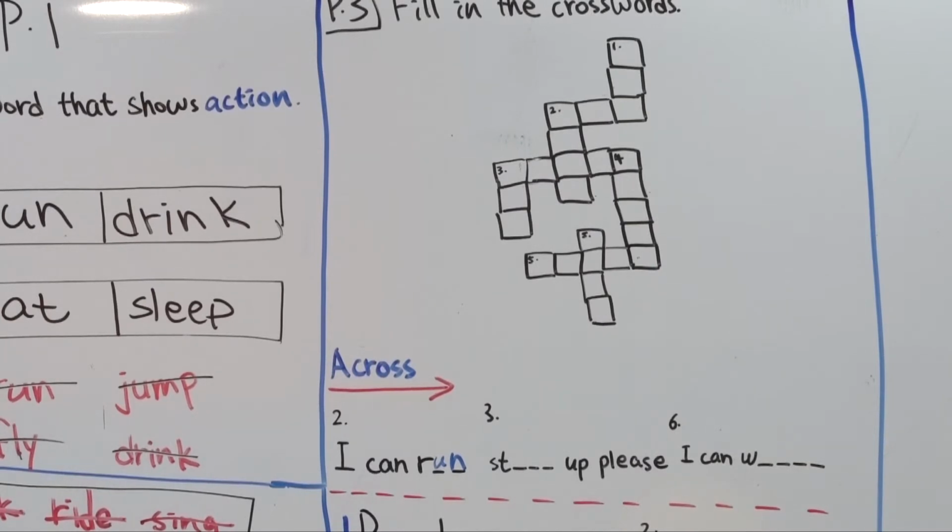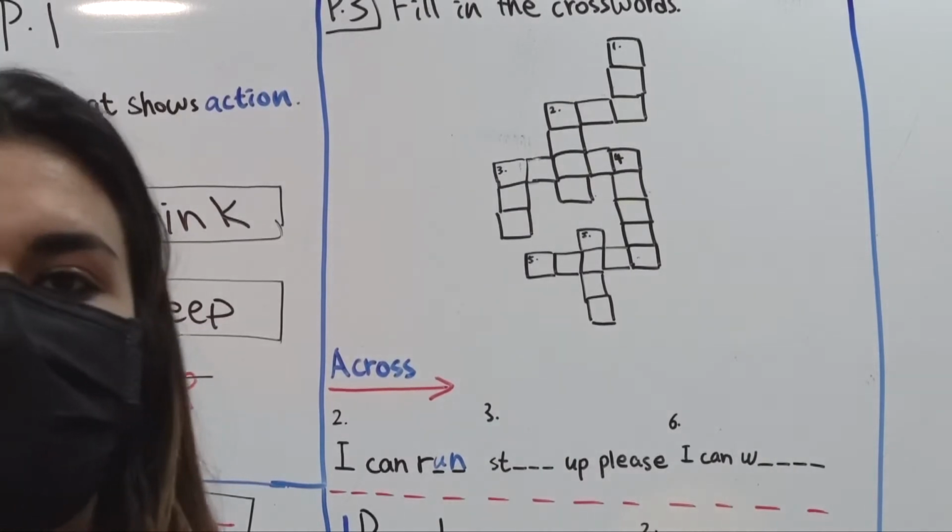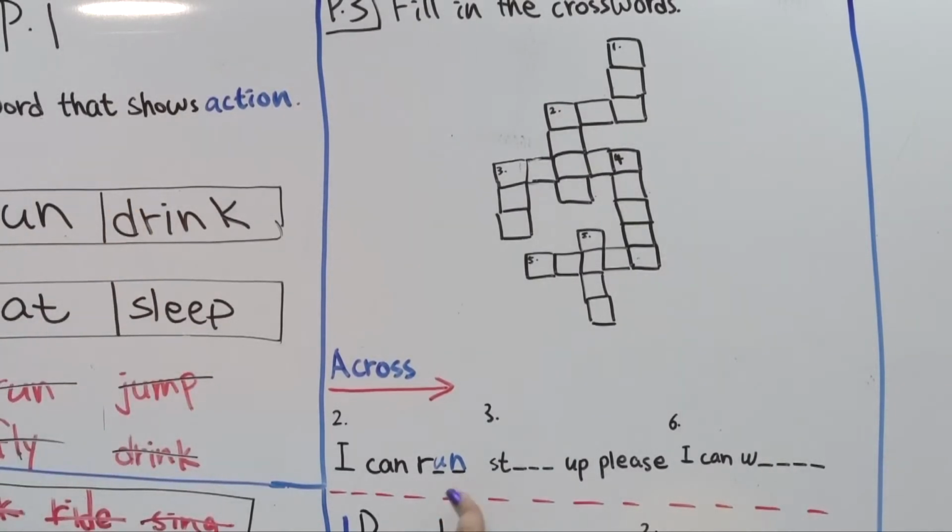Now let's look at the next picture. You'll see a girl just standing like this. Up, please. So if somebody's sitting down and you want him to, you know, just like this, what is that action called?